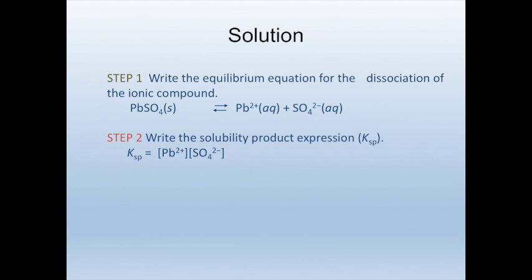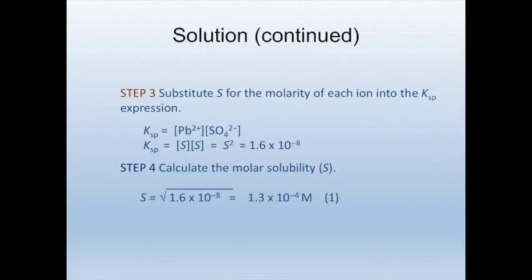Lead sulfate goes to lead and sulfate. The solubility product is the concentration of lead times the concentration of sulfate. And substituting S for each molarity gives us S squared is equal to 1.6 times 10 to the minus 8. Taking the square root of 1.6 times 10 to the minus 8 gives us 1.3 times 10 to the minus 4 molar, which is answer 1.